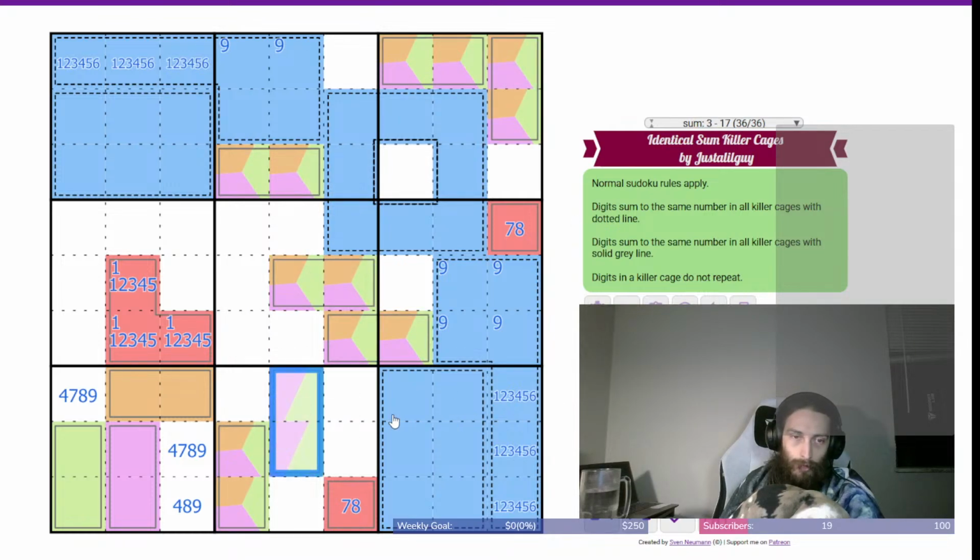This orange. I mark this one being this one, this one, and that one.